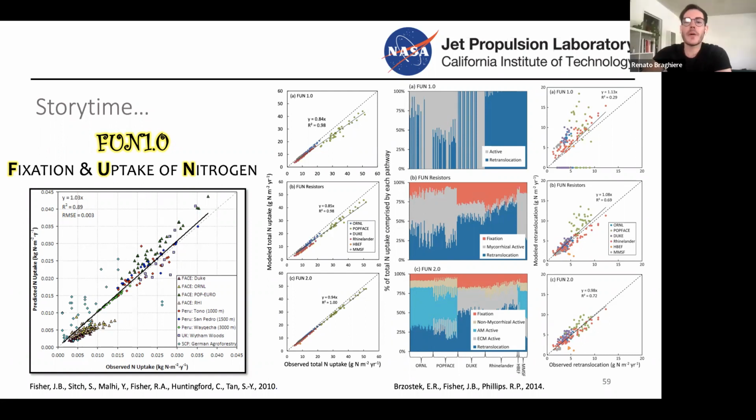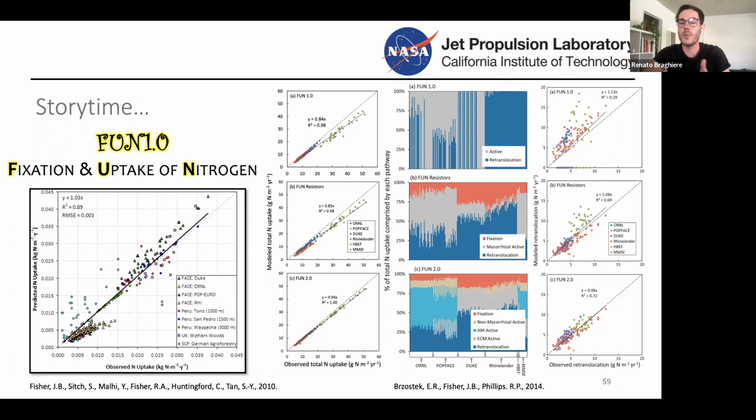Right. But for example, when Rich and Eddie suggested adding this differentiation between these 2 types of mycorrhizae, it's because people have been saying that mycorrhizae is extremely fundamental for nutrient acquisition. There's a paper from a group in the Netherlands that estimated that 80% of all the nutrients come from mycorrhizae association.